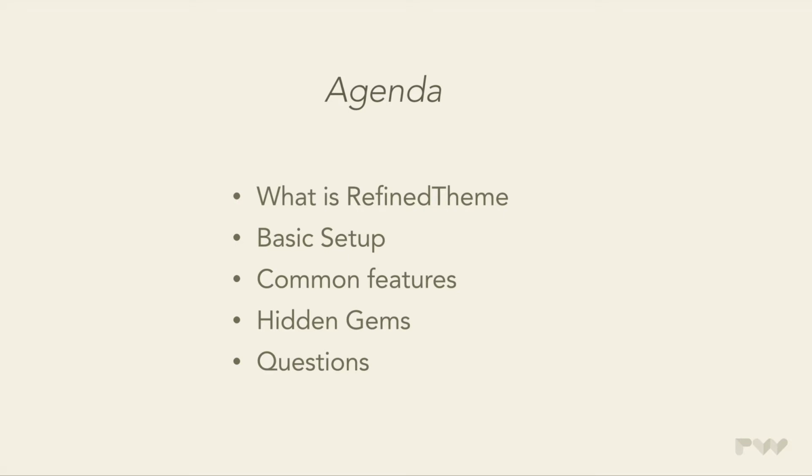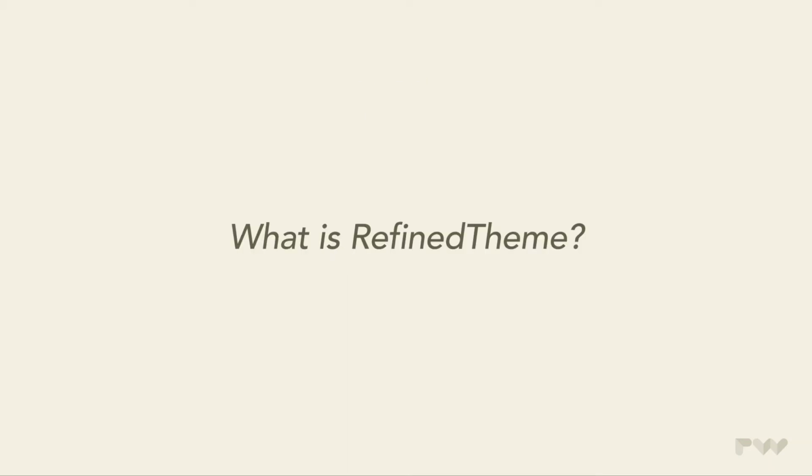After that, we will go into a bit of a deeper dive with some common features and some hidden gems. And hopefully you guys will have some questions for us, which we will take at the end of the presentation. But please post your questions in the chat window here on GoToMeeting, and Genevieve will collect them and we will go through them in the end. So let's get started.